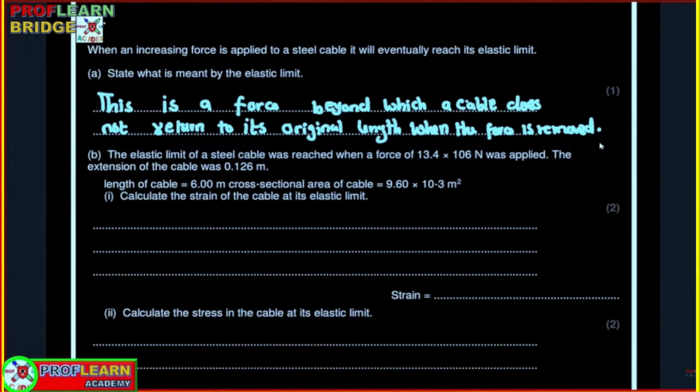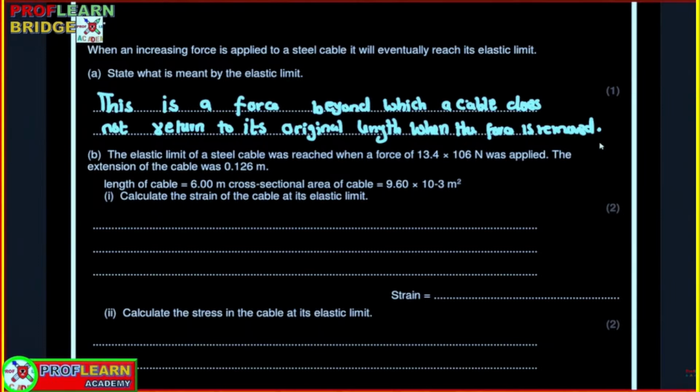At this point you also need to understand what we mean by elastic deformation. Materials are said to be elastic because they can increase in size when a tensile force is applied, but they can regain their original size when that tensile force is removed.